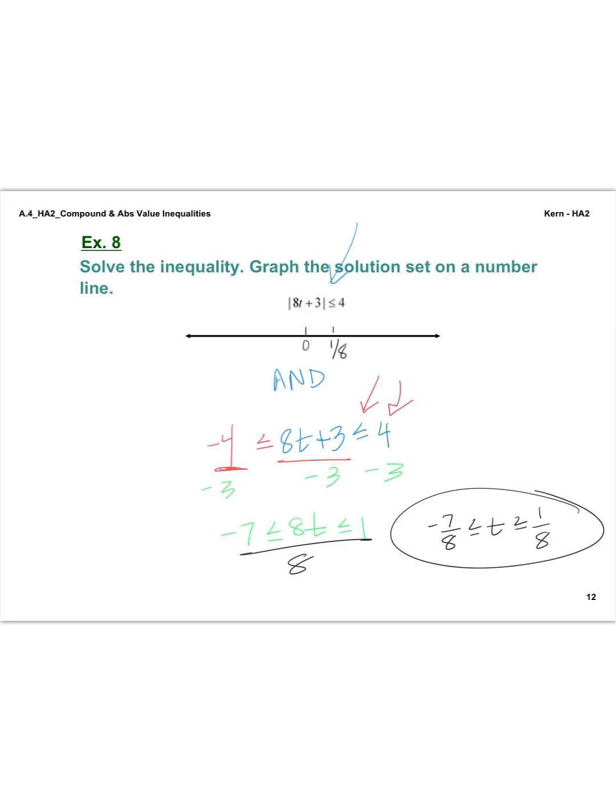We'll call this 1/8. We'll call this -7/8. They're both closed circles. t falls in between. Interval notation, they both get brackets. So it looks like that. All right, that's a wrap on compound and absolute value inequalities. Let me know if you have questions.